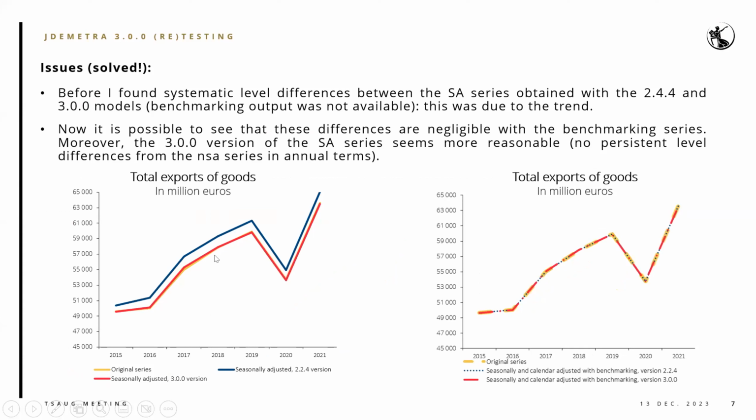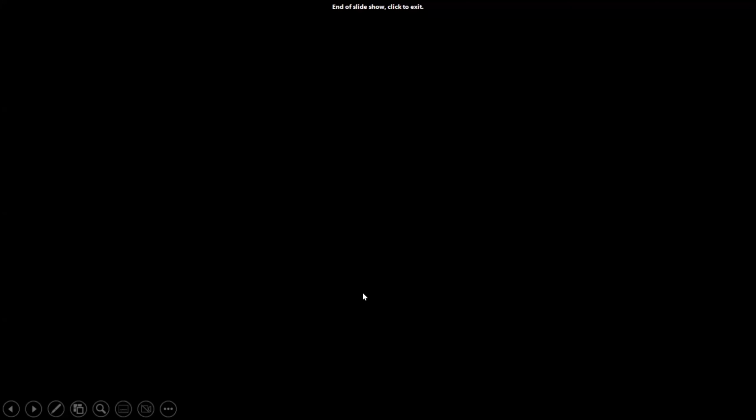But the new version, the 3 version, is actually better, given that its annual averages are more in line with the original series. So maybe there was an issue in the previous version, which I never realized, because we internally use the benchmarking version, and that apparently has no problem.